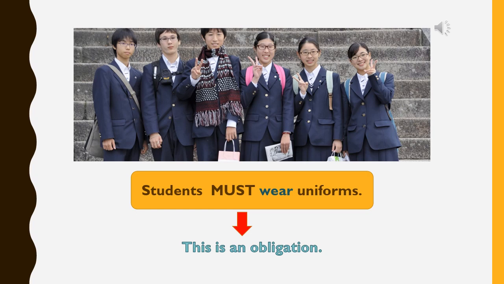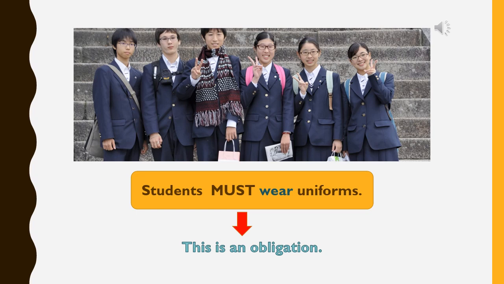In this case, we have a student must wear uniforms. This is an obligation. So we are going to use the modal verb must to express an obligation. For example, with COVID-19, we have some obligations.